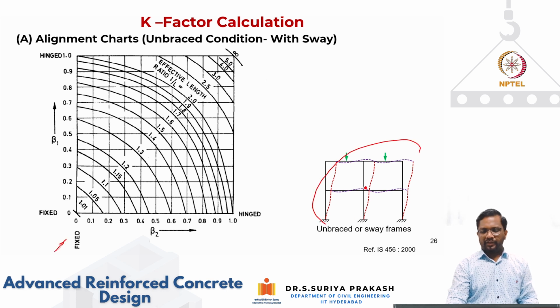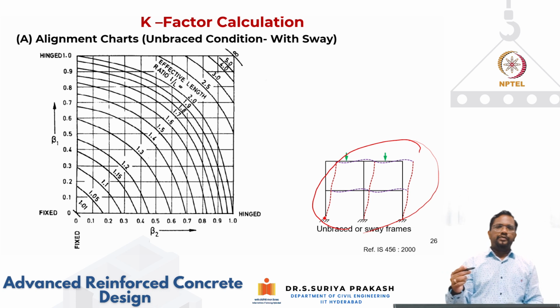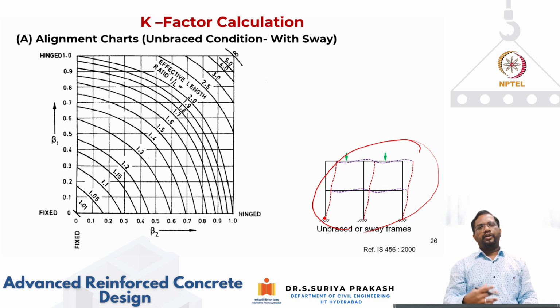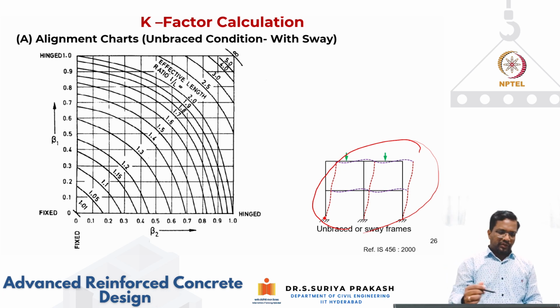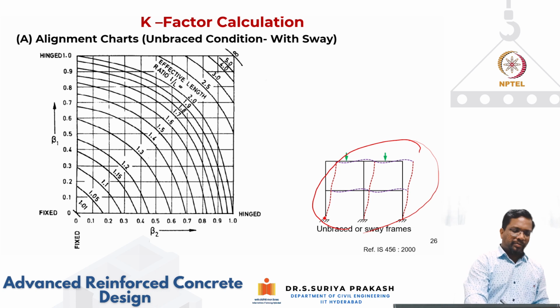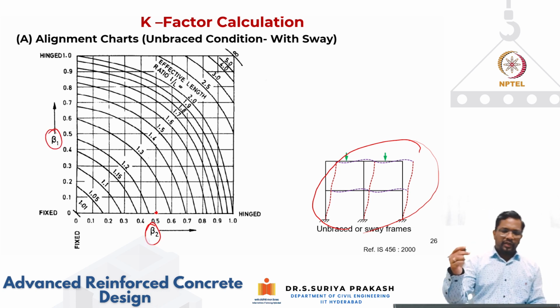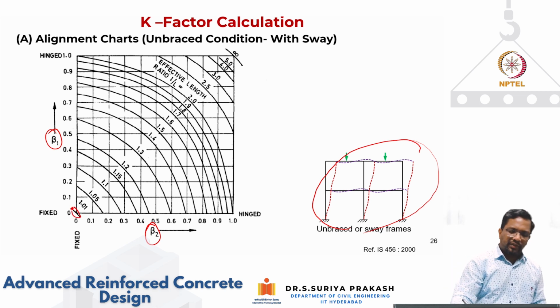We have seen that when you do not have very stiff members, when the lateral flexibility is very large, then Q value becomes more than 0.05, and the frame becomes unbraced or a sway frame. In this case also, I calculate beta 1 and beta 2. Again, depending upon your boundary conditions, either I can have a fixed condition or a hinge condition.